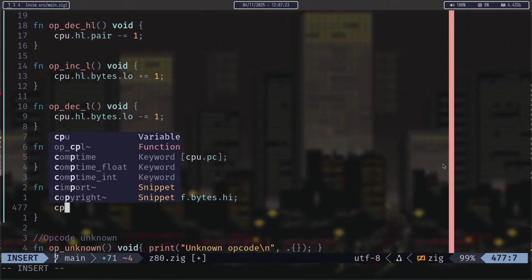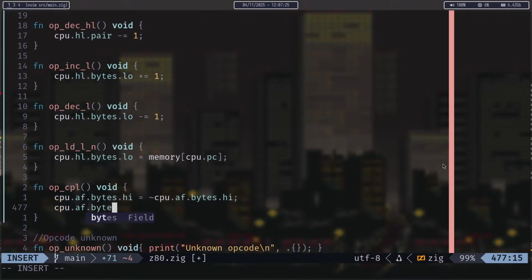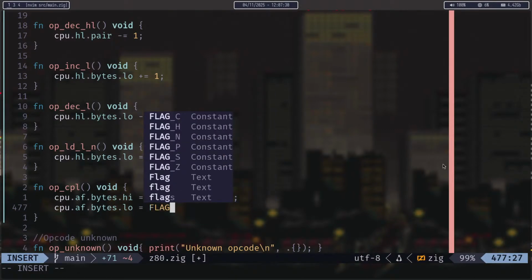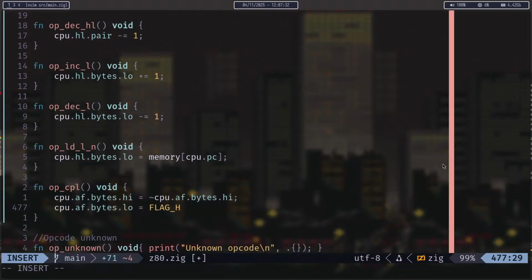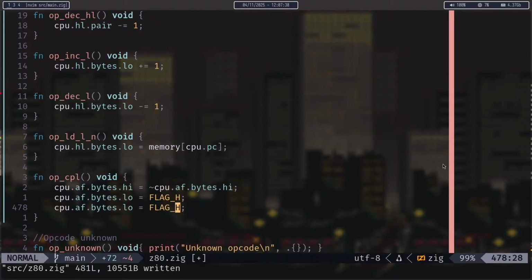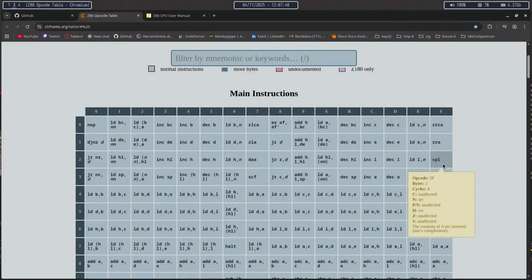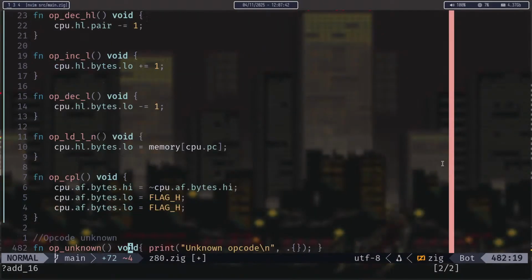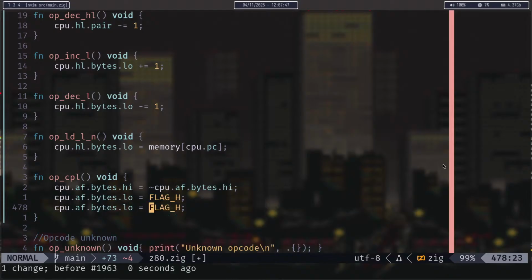So CPU.af.bytes.low equals flag H. And then flag N, right? I don't know what I just did. Alright.